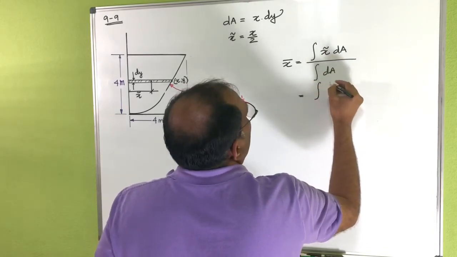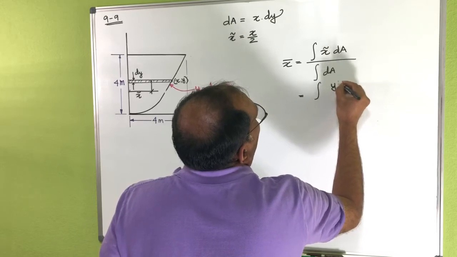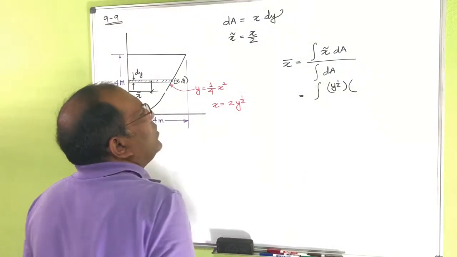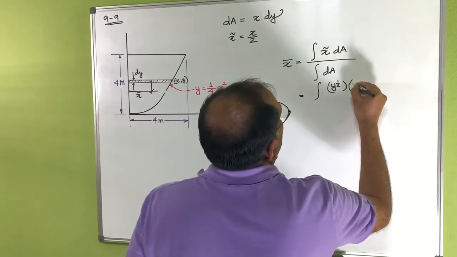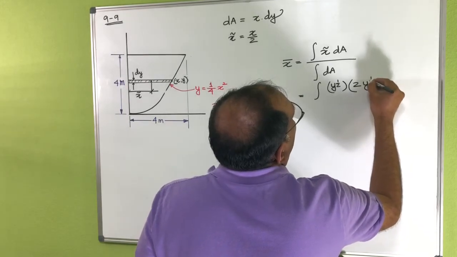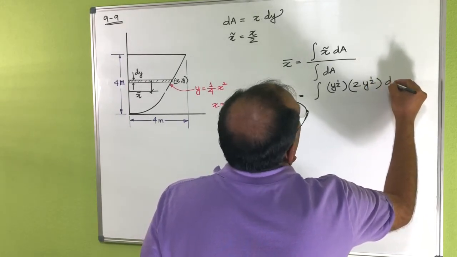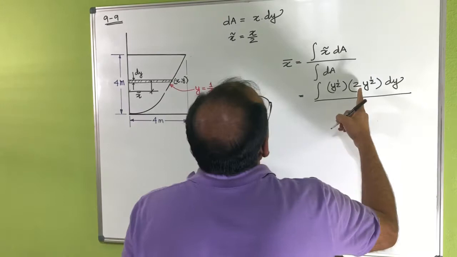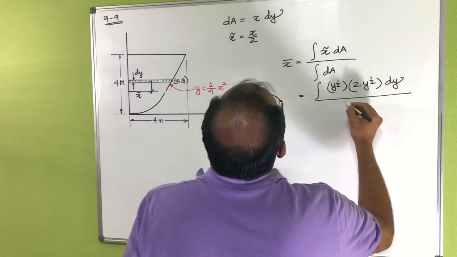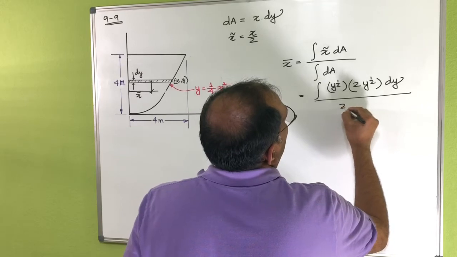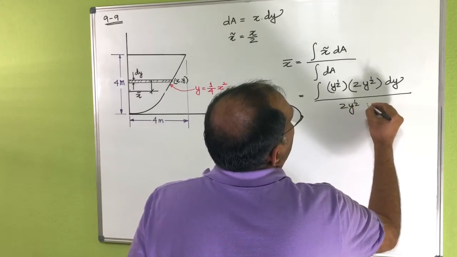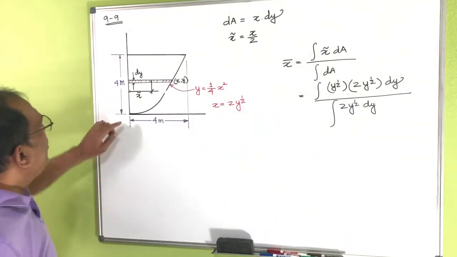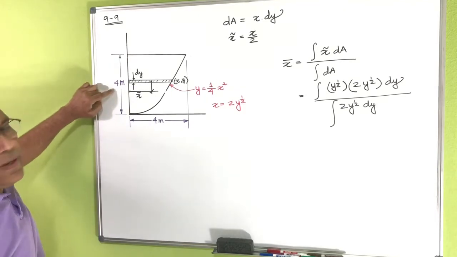So x by 2, so that is actually y to the power half, and dA is equal to x into dy, so that is actually 2y to the power half dy, and y can vary from 0 to 4, right? From 0 to 4.